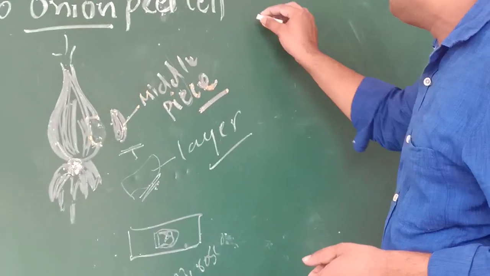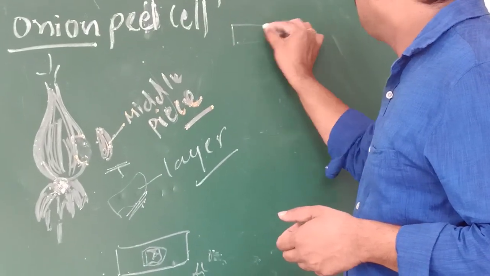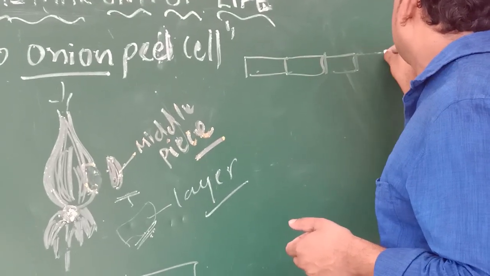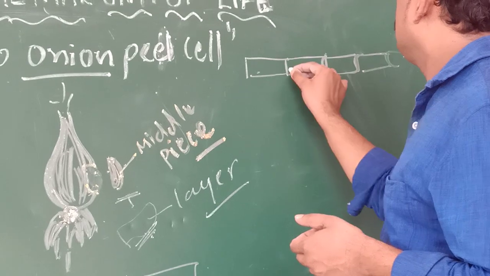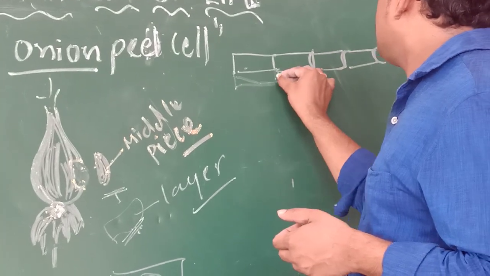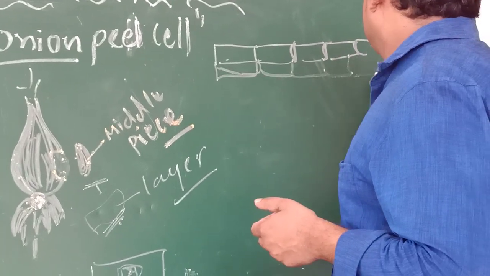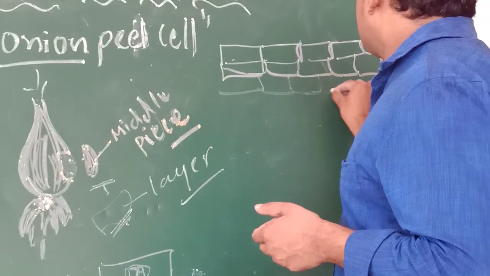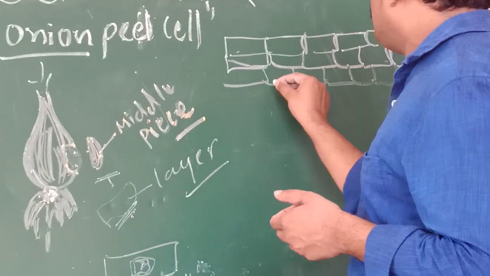We will observe these rectangular shaped structures, the onion peel cells.